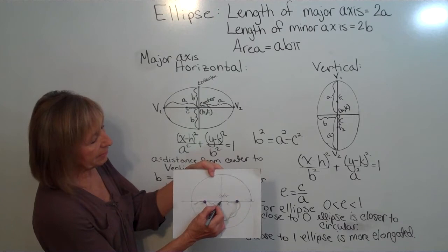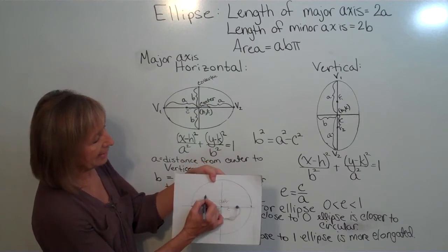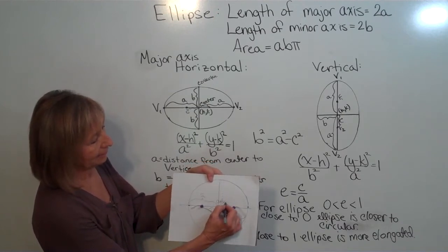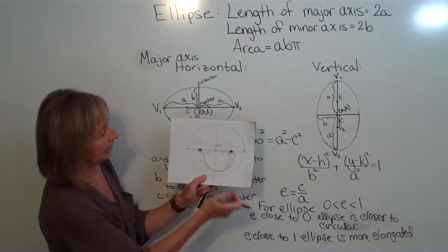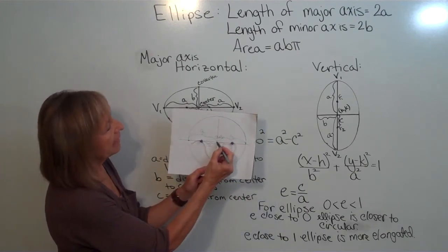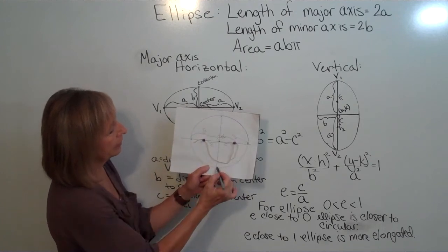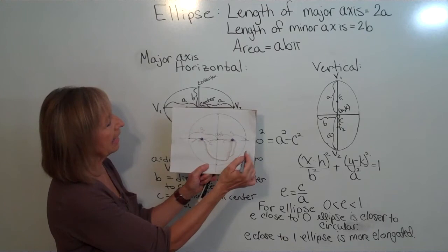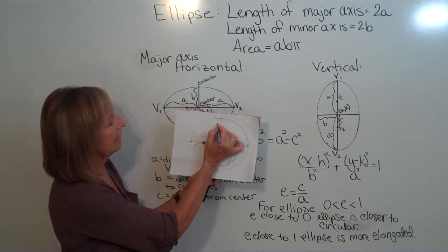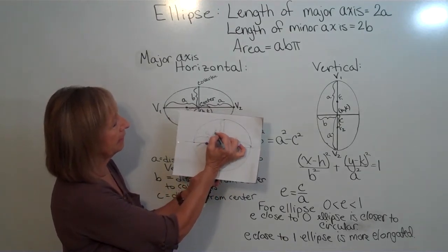And the distance from the center to the vertex is A. And then from the center to what are called the co-vertices, they're not on the same axis as the foci and the vertices. That's the value B.